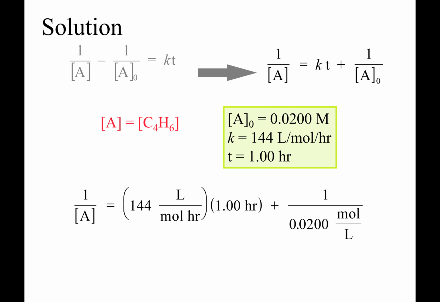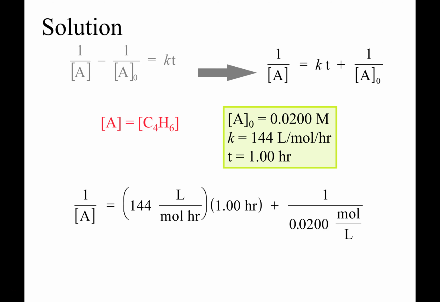The second term is simply the inverse of the initial molar concentration, so the inverse of 0.0200 moles per liter. Again, with these units, that's the same thing as units of liters per mole. So bottom line, the units of the inverse of molar concentration of A are going to be liters per mole, which is perfect.